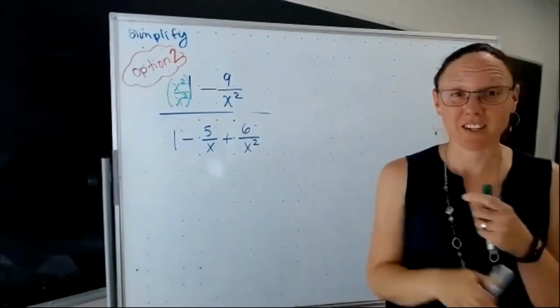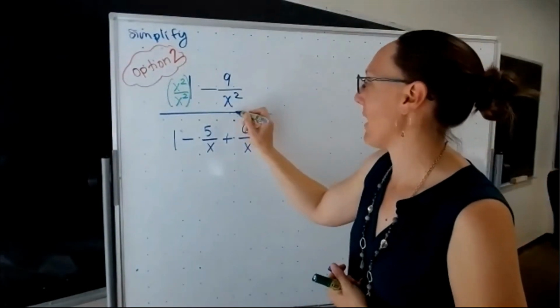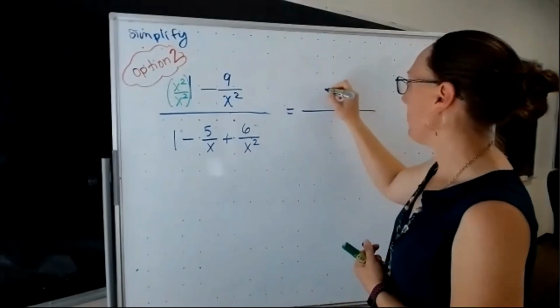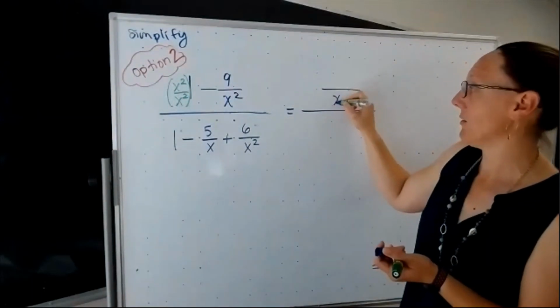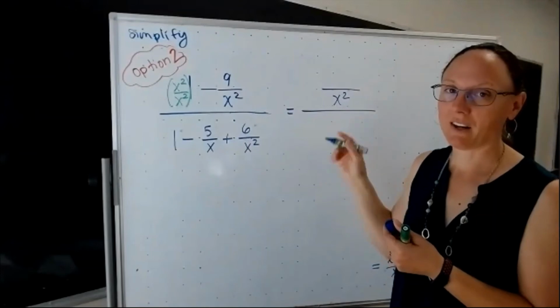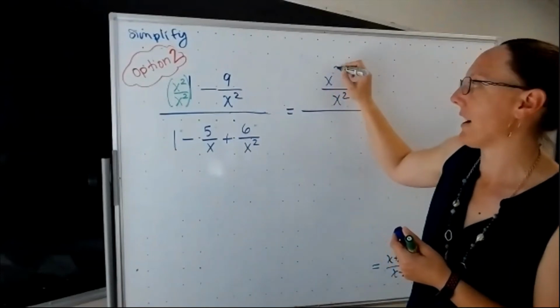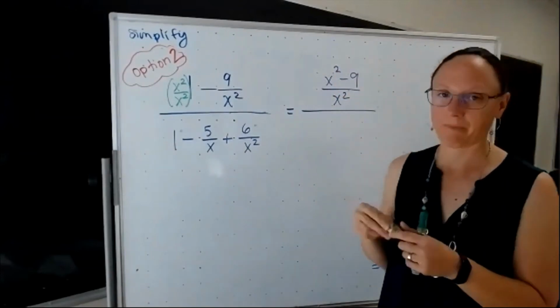And then on the top of this giant fraction, that means that I'd have a single fraction with x squared as the denominator. And in the numerator, I'd have x squared minus 9.